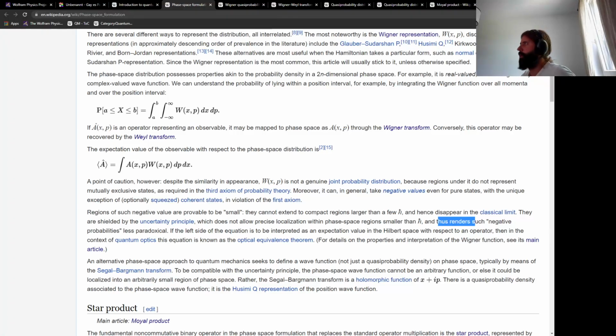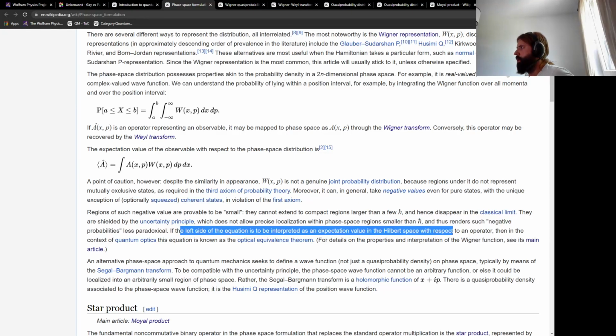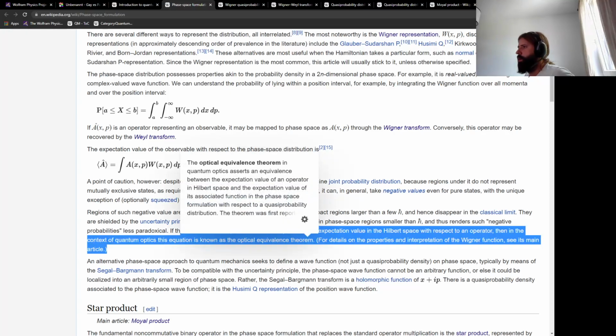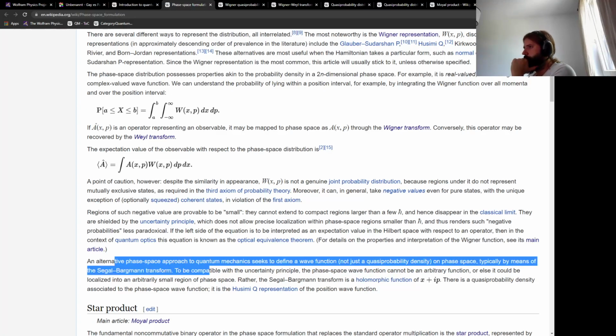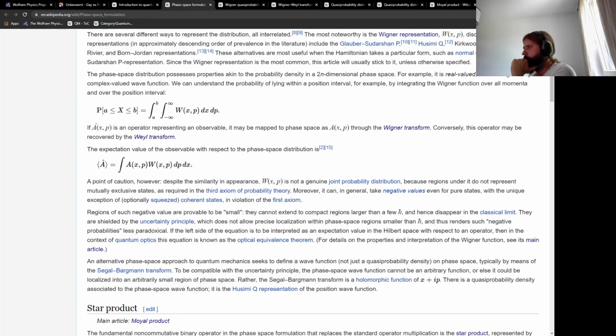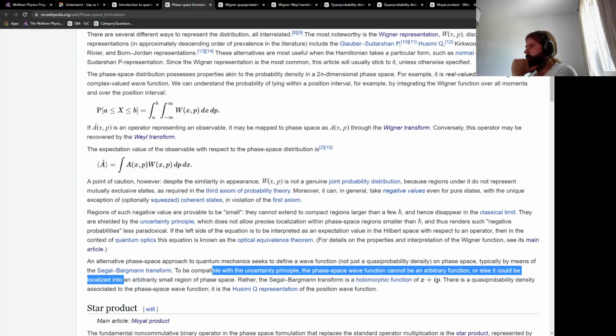I never remember what Planck's constant really is or means. It cannot be an arbitrary function, as it could be localized into a small region of space.